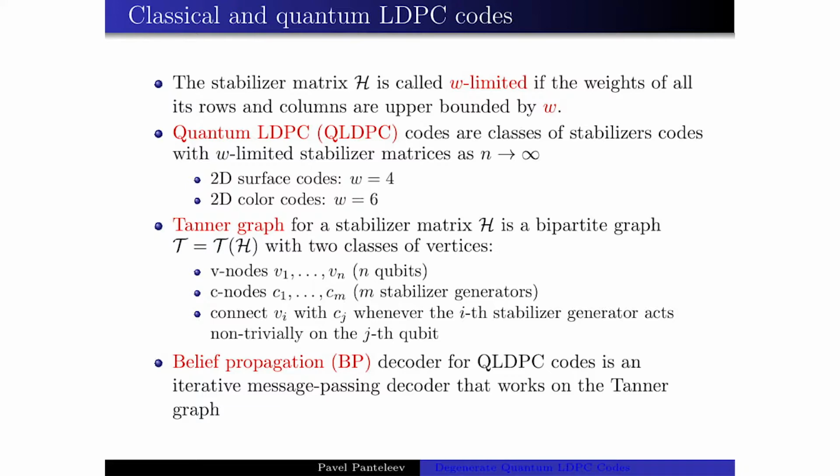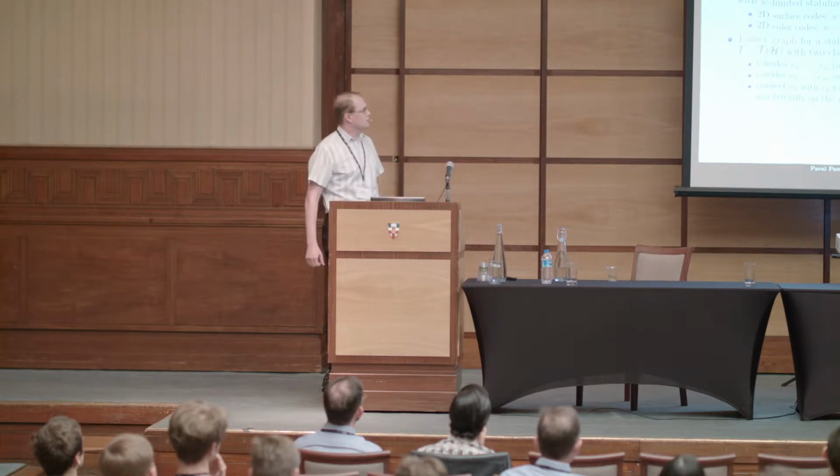I suppose everyone knows two classical examples of such codes. These are surface codes, which are 4-limited, and color codes, which are 6-limited.